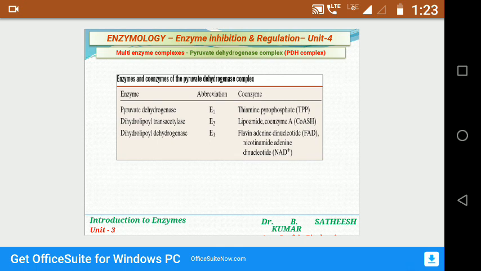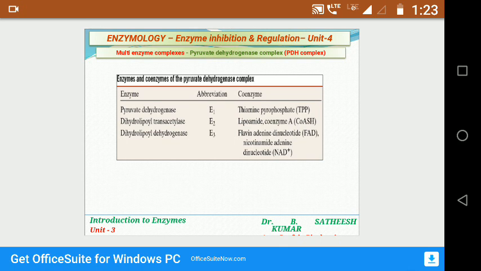It requires five different coenzymes: thiamine pyrophosphate, lipoamide, coenzyme A, FAD, and NAD plus. So the PDH complex requires three different enzymatic activities and five different coenzymes to convert pyruvate to acetyl CoA.